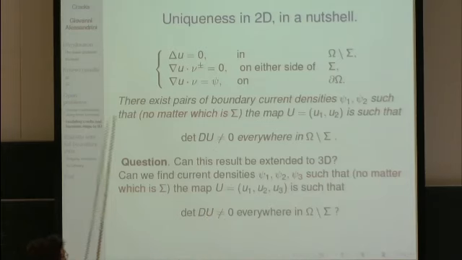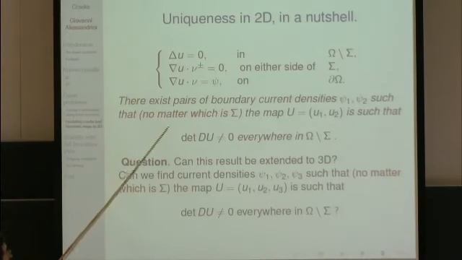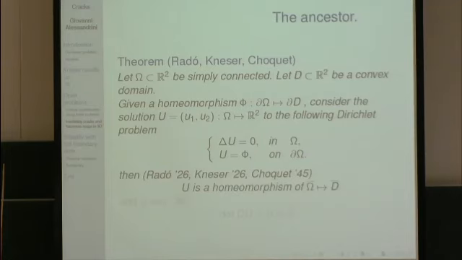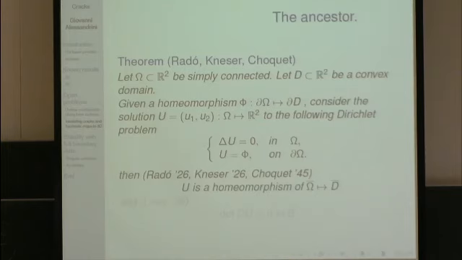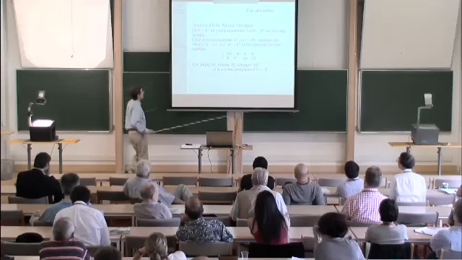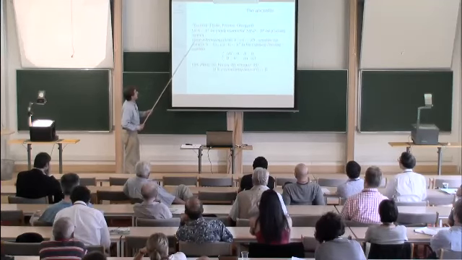Now, in order to understand why the two-dimensional result works, it is better, I believe, to recall a fundamental theorem, a very old theorem, which somehow is attributed to Radó, but in fact proofs were due to Kneser and Choquet, in which cracks do not appear at all. So the theorem is as follows.